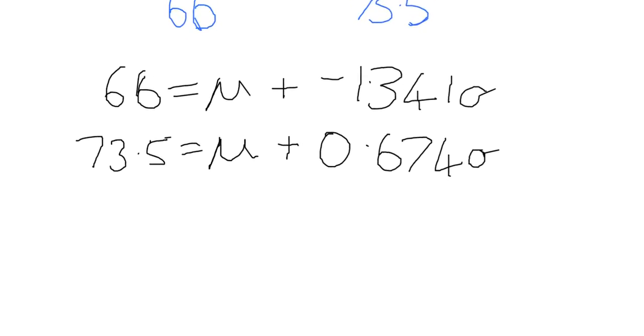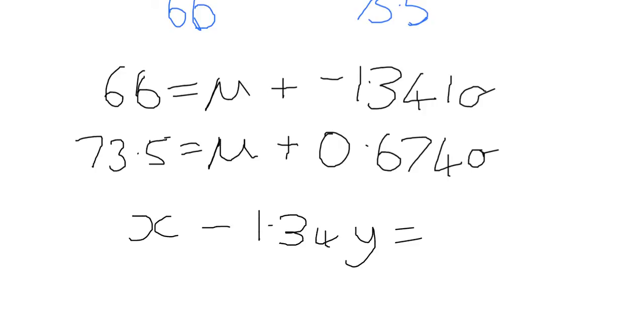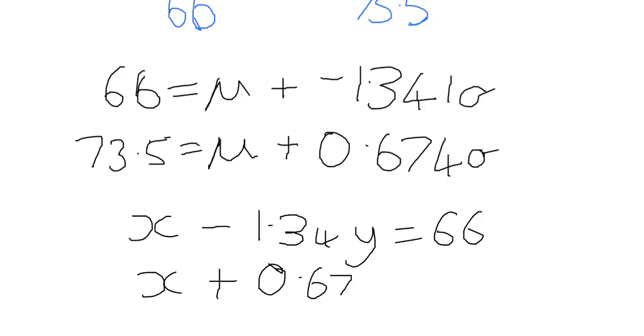So I'm going to have it written like this: x minus 1.341y equals 66. x plus 0.674y equals 73.5.